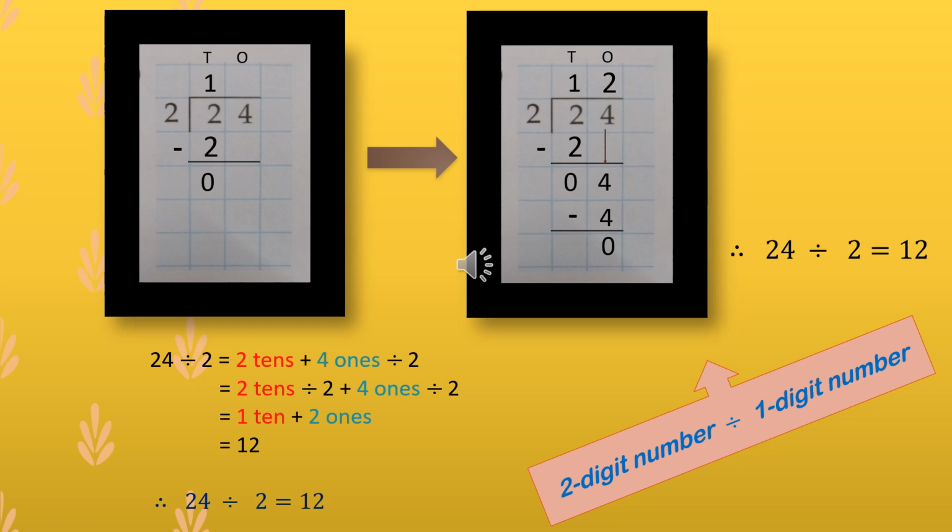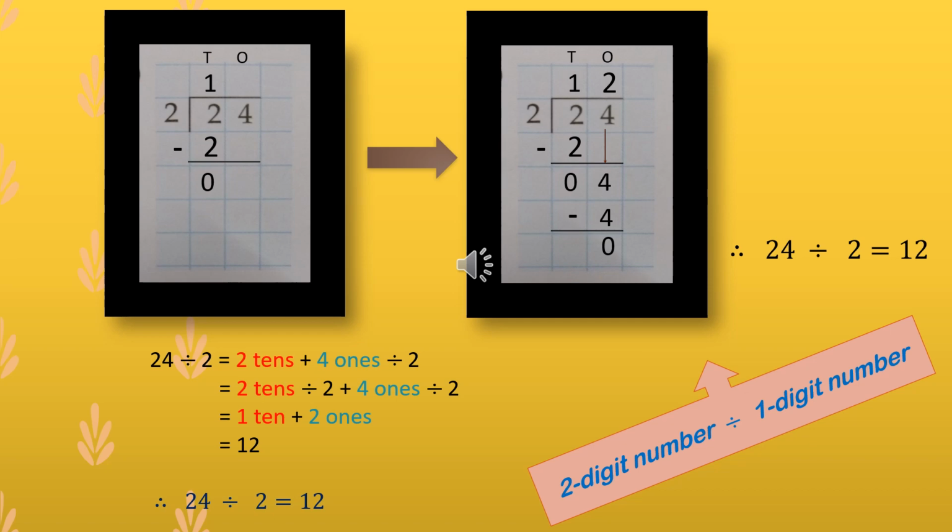Now subtract 4 minus 4 which is equal to 0. Yes. So now see children, what answer do we get after dividing this? 12. Yes, 12 is the answer. So it is the quotient. Therefore, 24 divided by 2 equals 12.